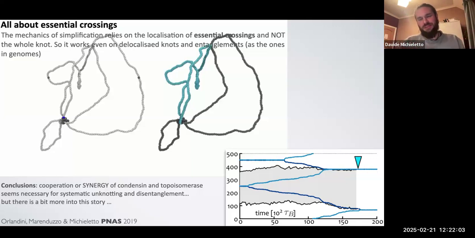I don't have time to tell you that part of the story, but I can show you later if you want. We're still trying to figure out exactly what is going on, but it seems that there is a bit more to this story. It's not that simple.